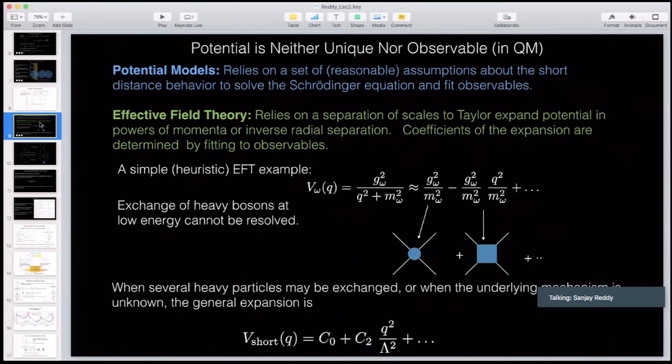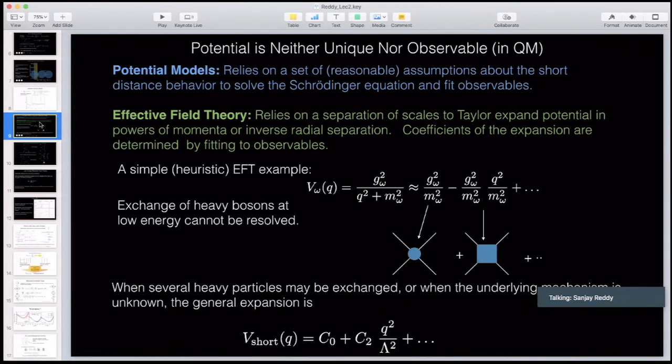And so you can continue this expansion, Taylor expand the full potential in terms of this. Now, if you had many exchanges, and if all of these exchanges contain very, very different mass particles, but all of these masses were of the order of, say, a GeV, then you would say, well, I have a whole bunch of heavy particles that can be exchanged, but I don't quite know how to include all of them into the potential.